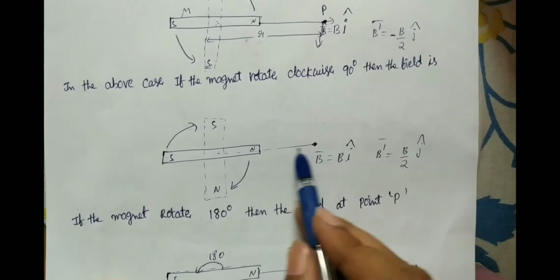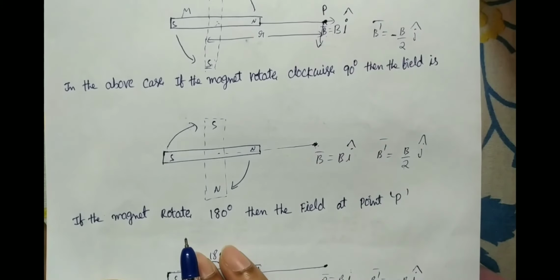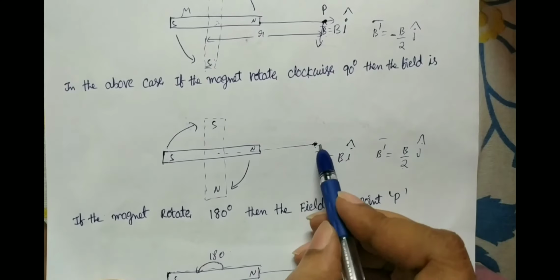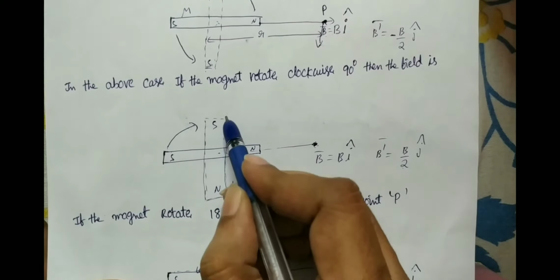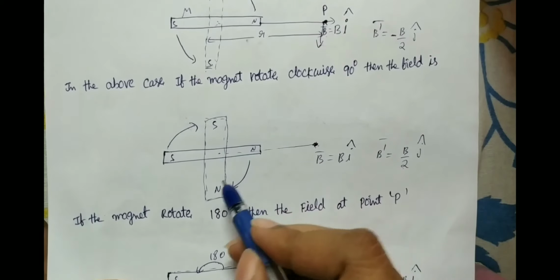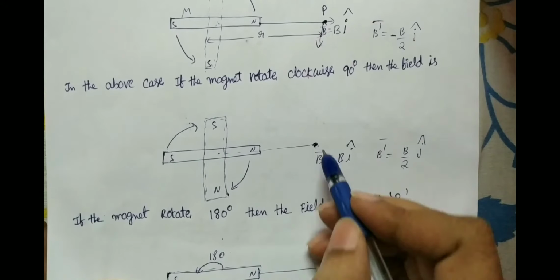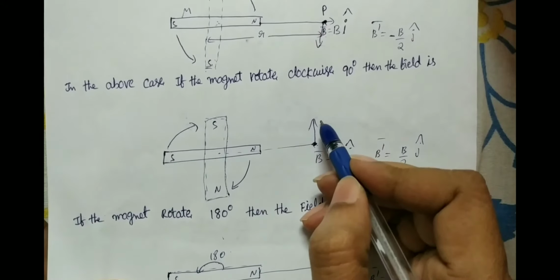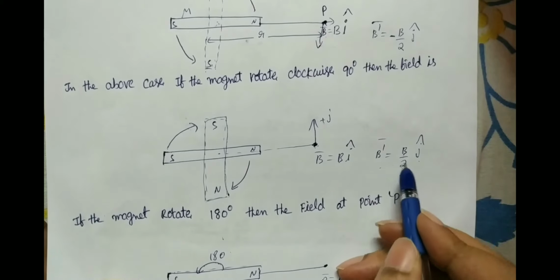Because earlier it was the axial line, now it is the equatorial line. But what is the field direction in this new position? You know that the field acts opposite to the magnetic moment. The magnetic moment is vertically down, south to north, so the field acts upward. Upward means plus ĵ direction. That's why the field is B/2, but the direction is plus ĵ.